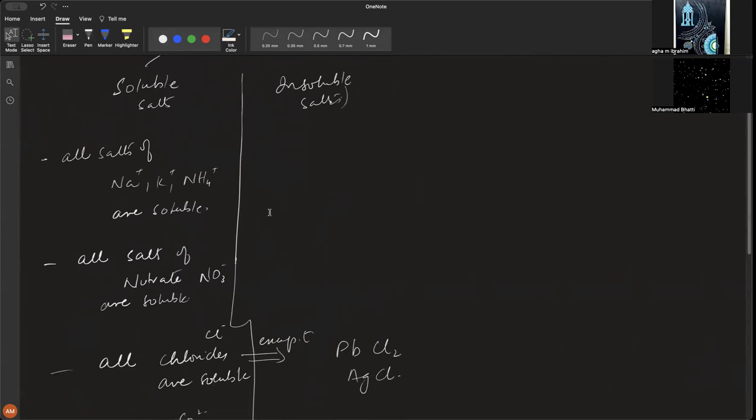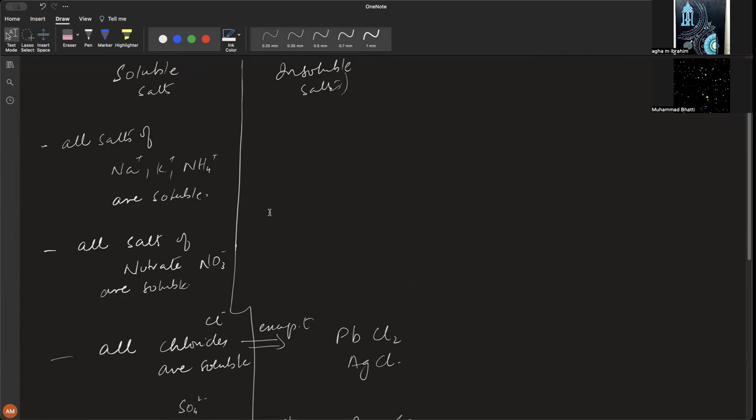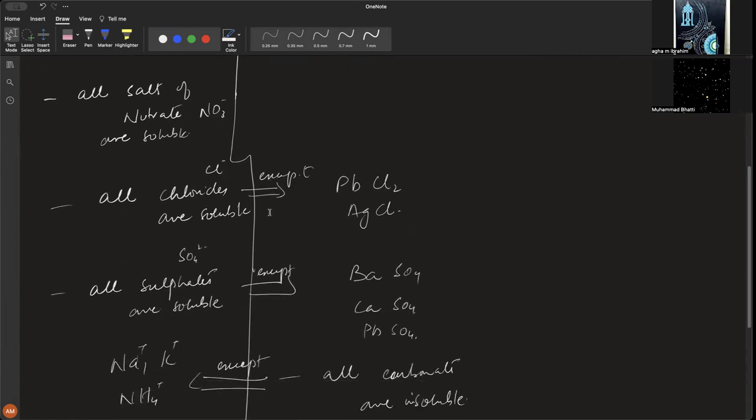It's just simple. All sulfates, all chlorides, all nitrates, all salts of sodium, potassium, and ammonium are soluble. Some chlorides are insoluble, Pb and Ag. Some sulfates are insoluble, like barium, calcium, and lead. And all carbonates are insoluble except sodium, potassium, and ammonium. Very easy.